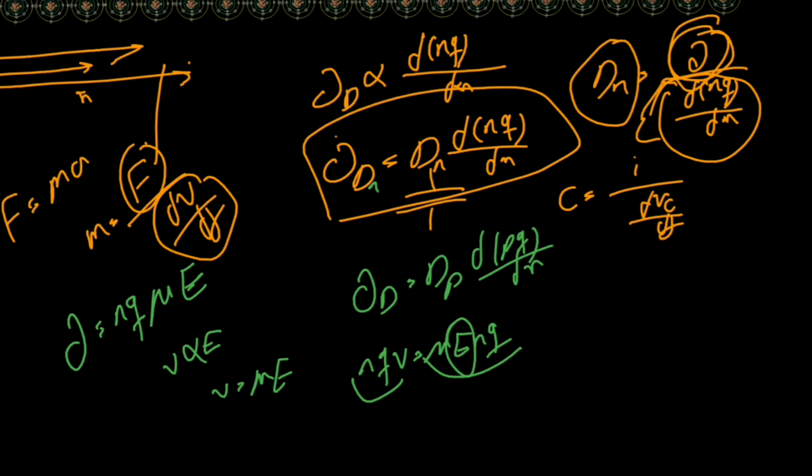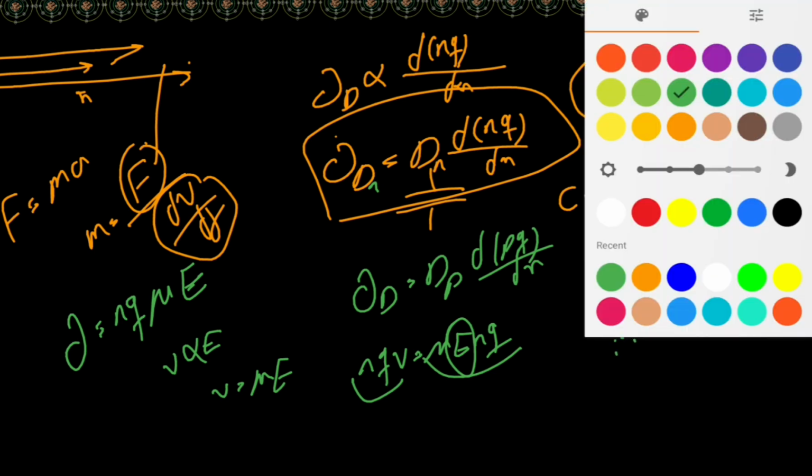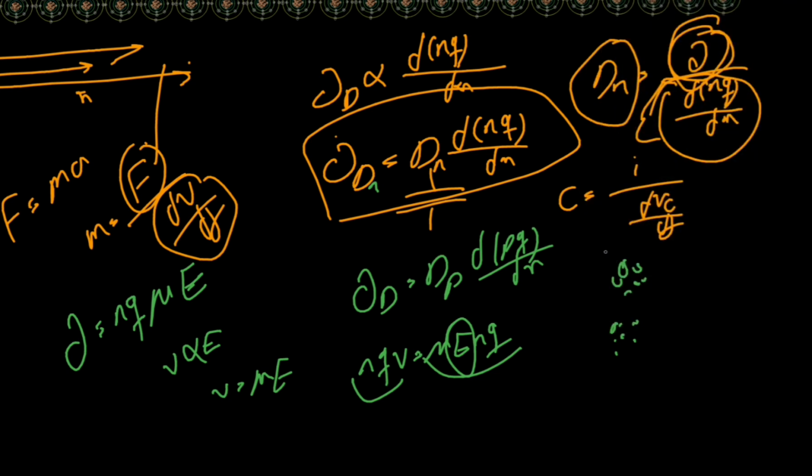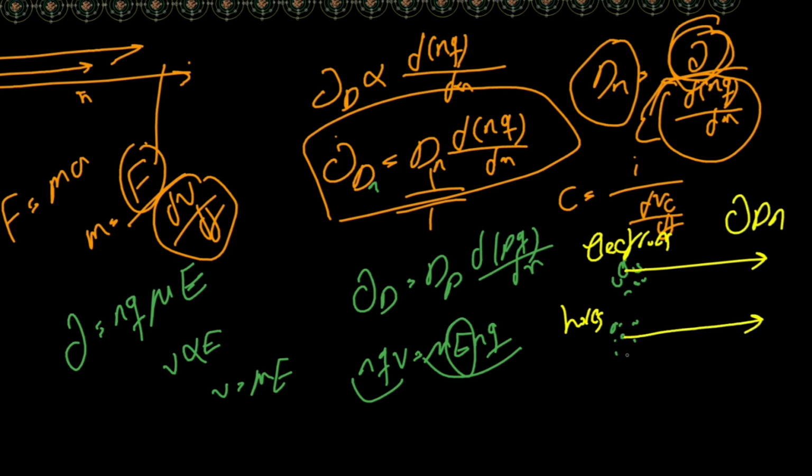Actually, I want to also give you another hint in case you get stuck. Just imagine we have some electrons and some holes in here, and you want to calculate the diffusion current. So these are the electrons and these are the holes. For the electrons, obviously they would move from one side to the other side, which we call the diffusion of the electrons. For the holes also, we would have the same thing.